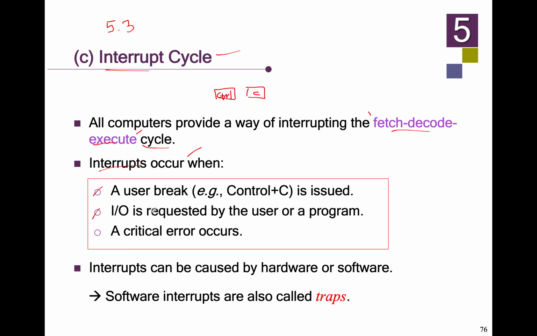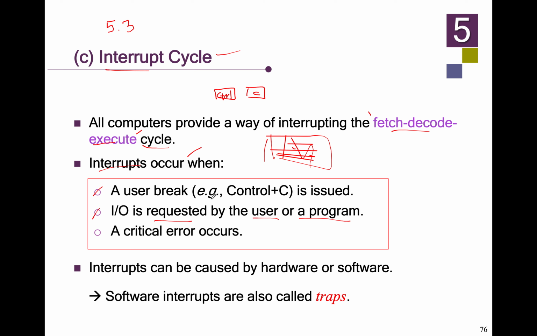Second is input output required by the user or a program. Let's say your program asks the user to key in something on the keyboard as the input. So it requests, and you're going to stop first.